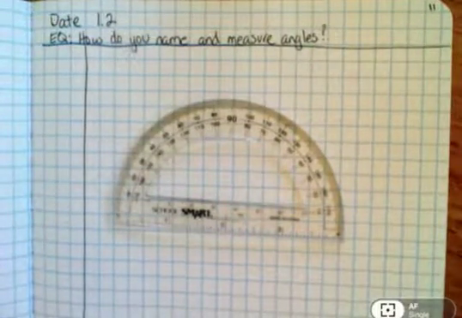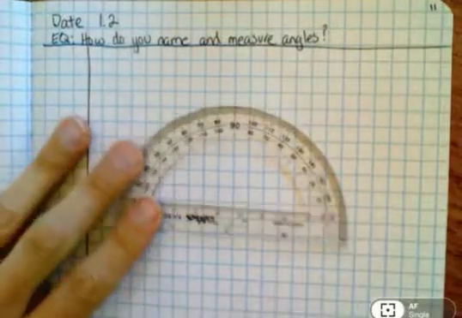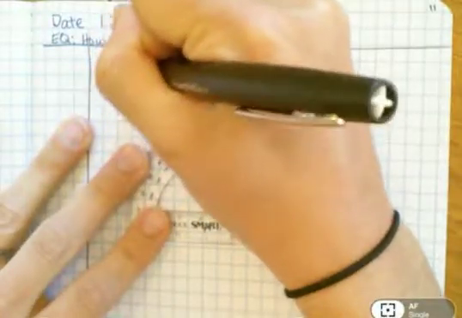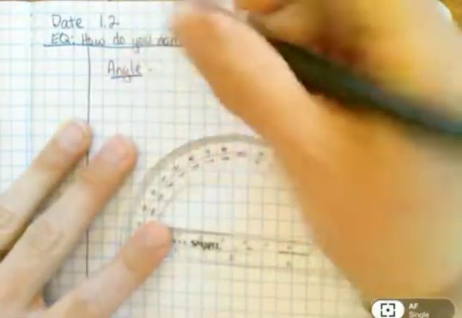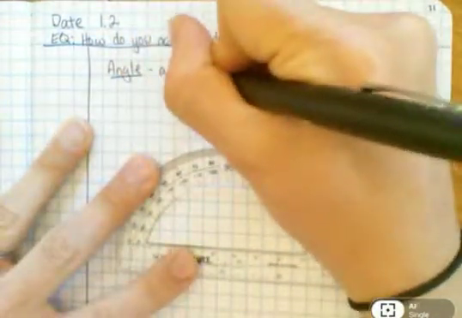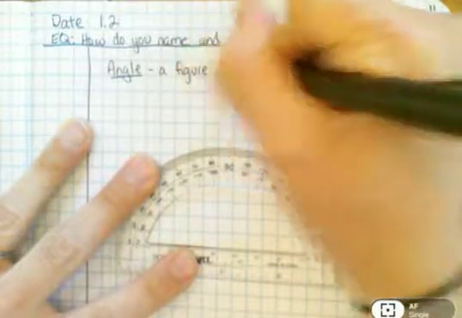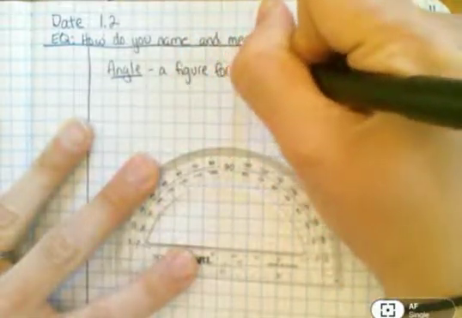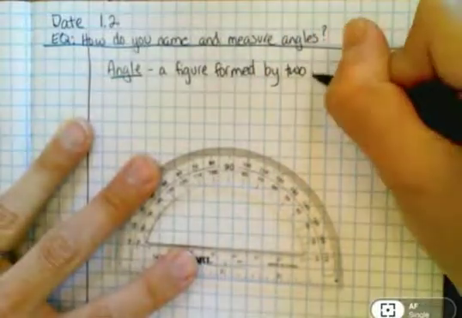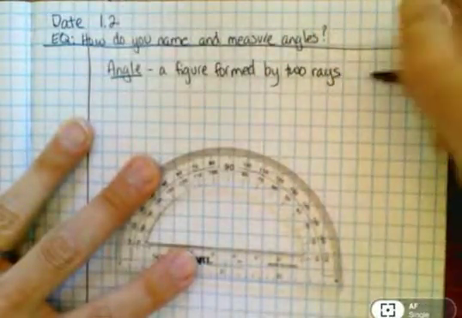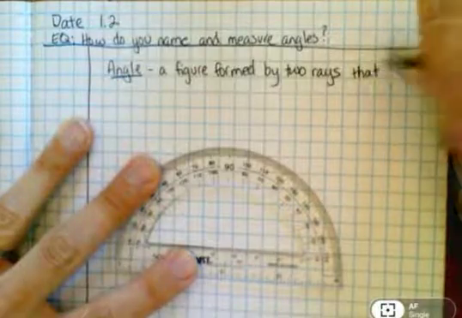So let's define an angle. An angle is a figure formed by two rays that have the same endpoint.